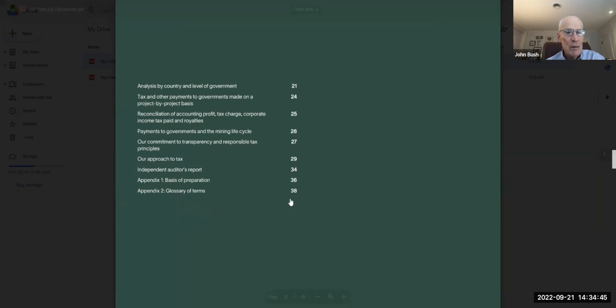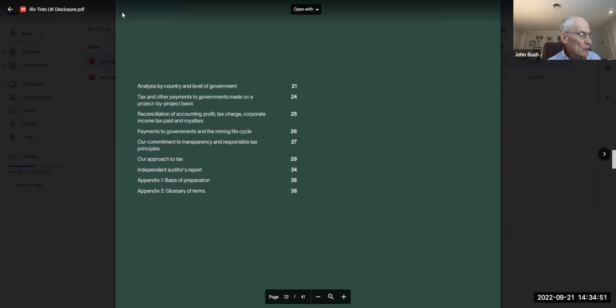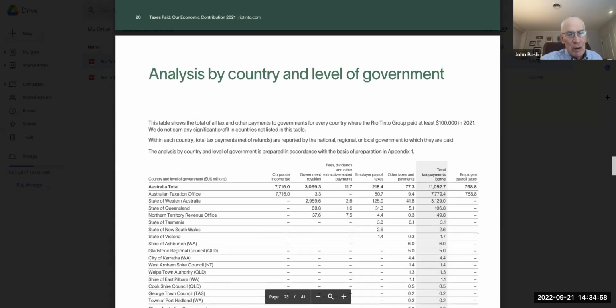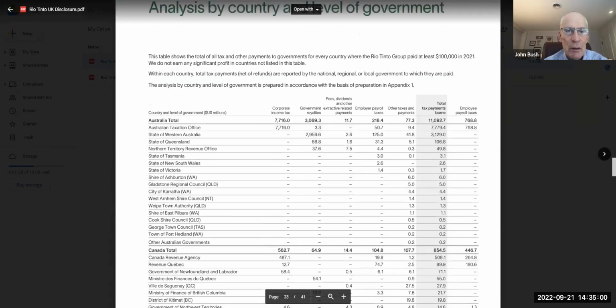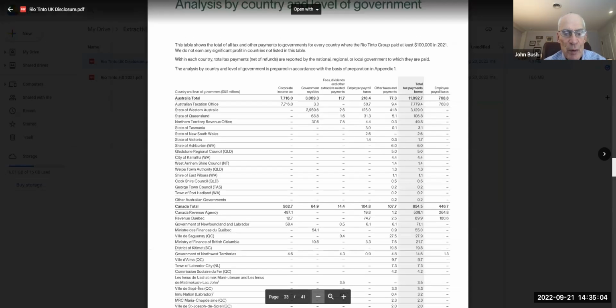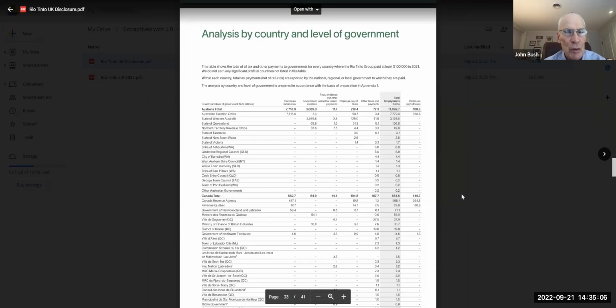So this is their disclosure document. We're going to leaf through it. There's 3 pages I wanted to look at, but it's kind of useful to just go. There it is. Yeah, that's the 3 pages I wanted to focus on.